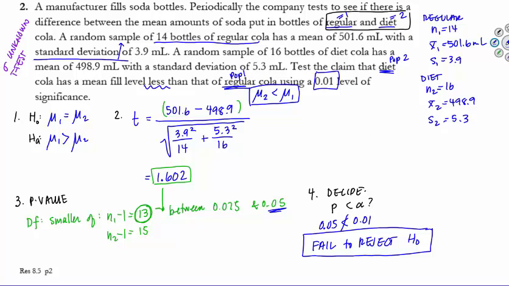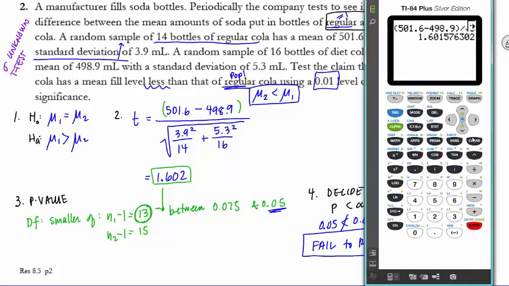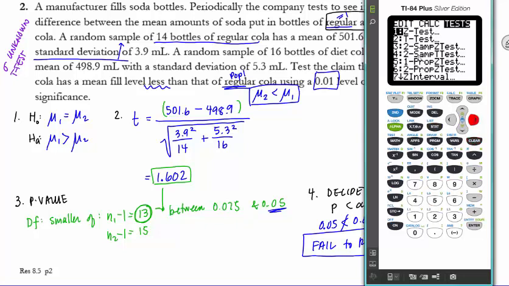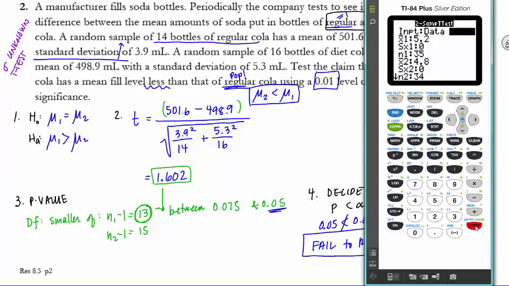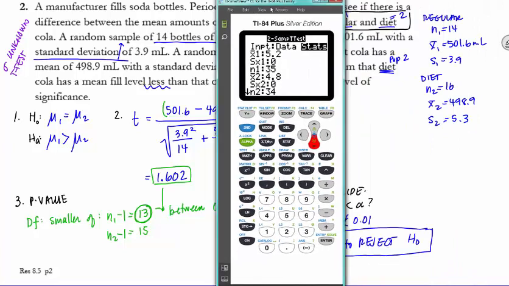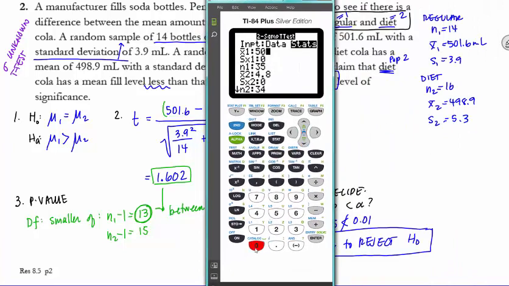To run this in the calculator, as soon as you identify that it's a t-test, notice also that it's a two-sample t-test. That's number 4. We have summary statistics, not raw data, so we'll put in those statistics. X bar 1 was 501.6. Standard deviation was 3.9 for that sample, and the sample size was 14.